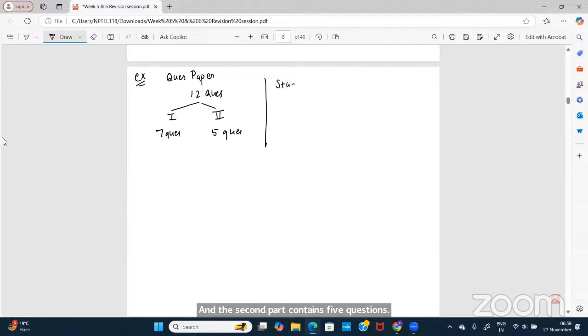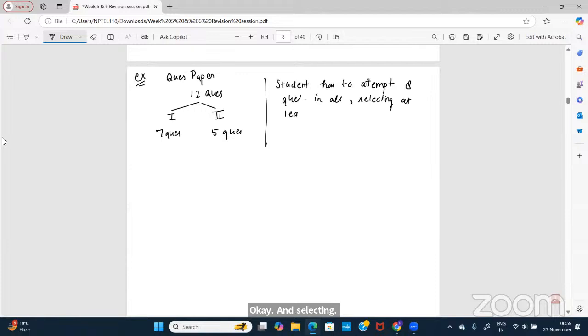And the condition is the student has to attempt 8 questions in all, selecting at least 3 questions from each part. Now tell me how we can attempt the question paper.